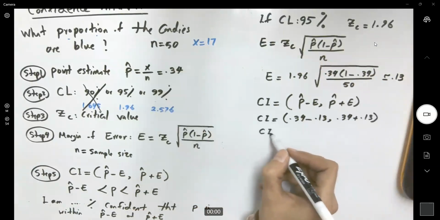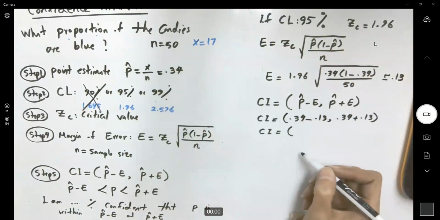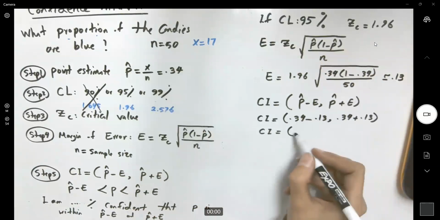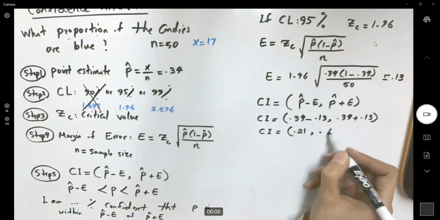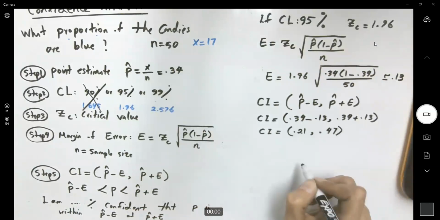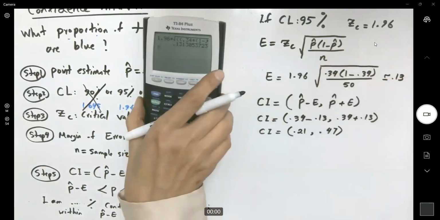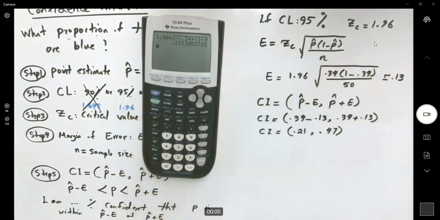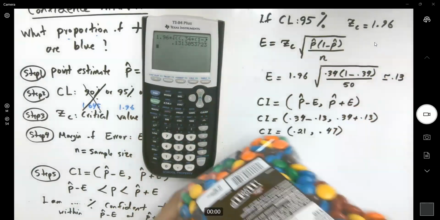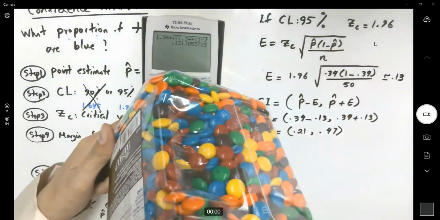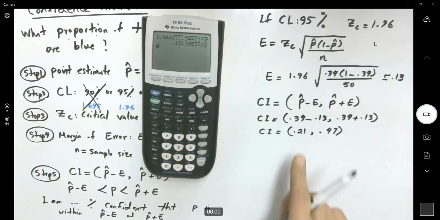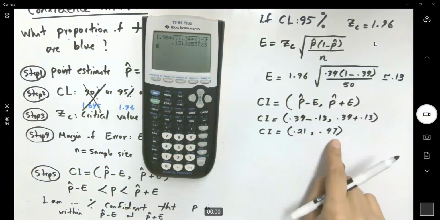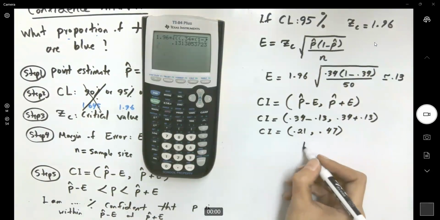So my confidence interval becomes, we do the subtraction, 0.21 and 0.47. So our conclusion is the proportion of blue candies in this big jar is in between 21% to 47%.